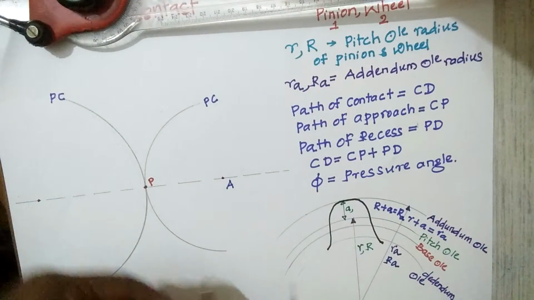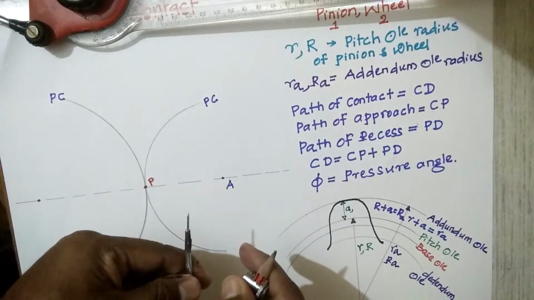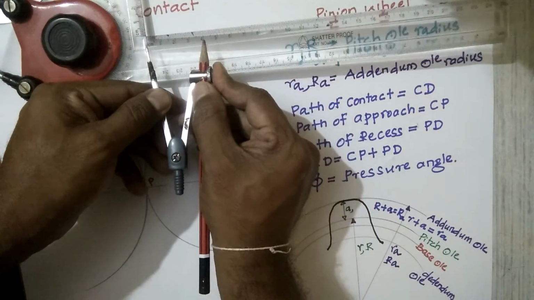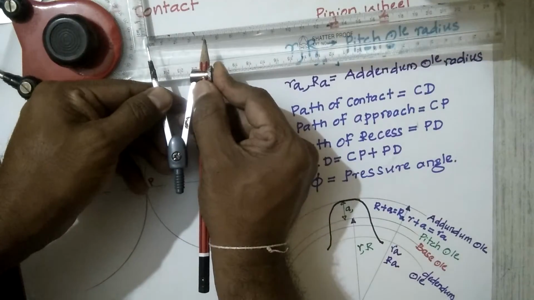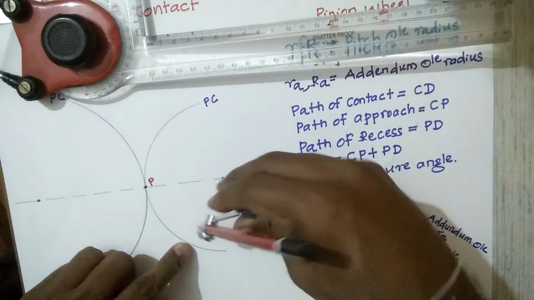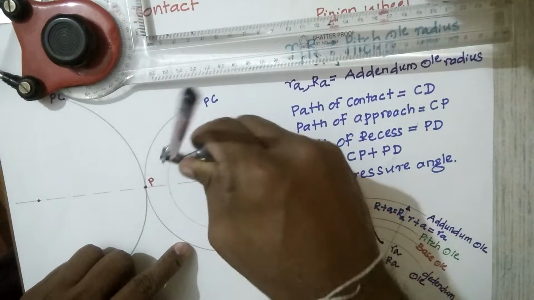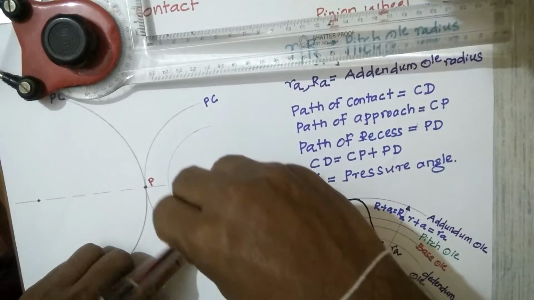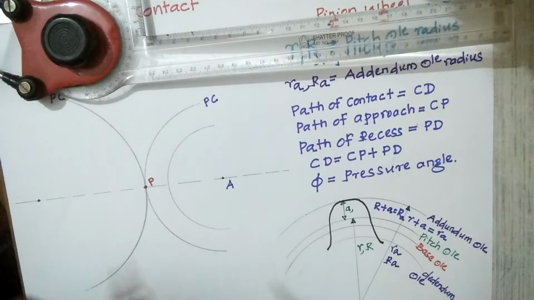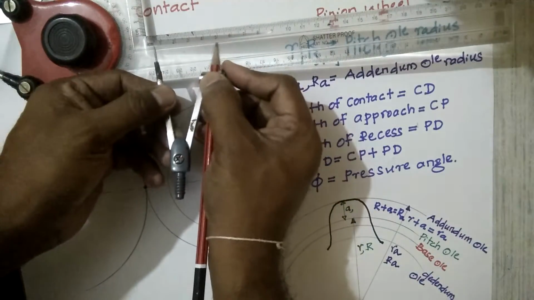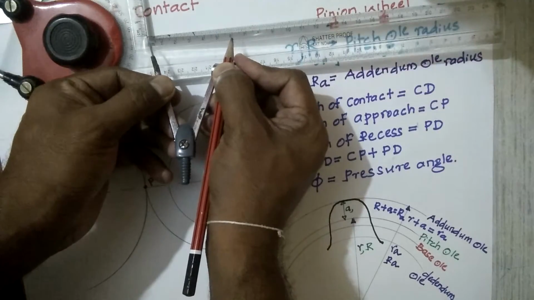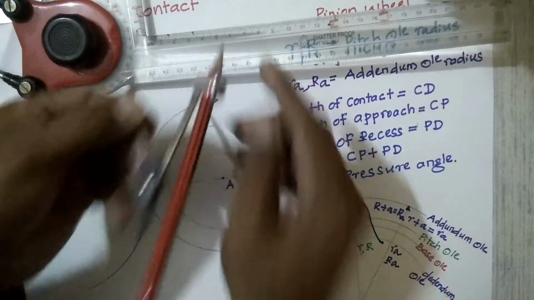Next I will take the base circle. For the pinion I will take approximately 4 centimeters. This is the base circle of the pinion. For the gear also I will take a base circle of approximately 6 centimeters.